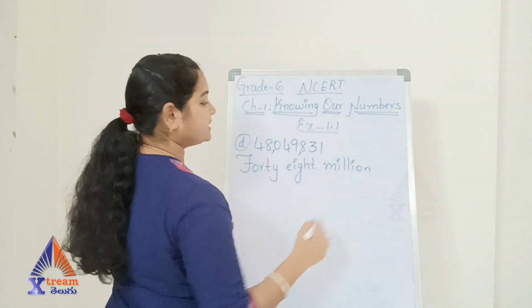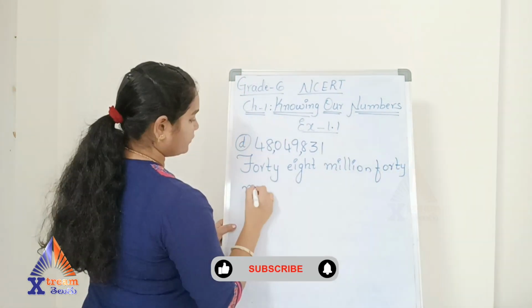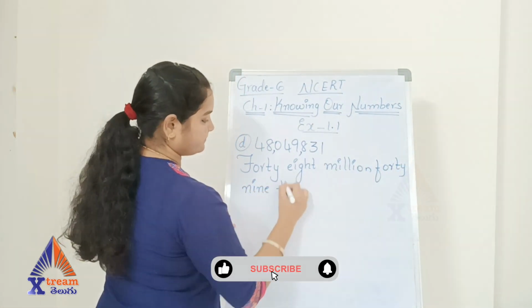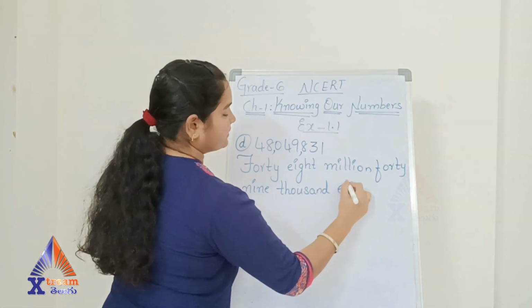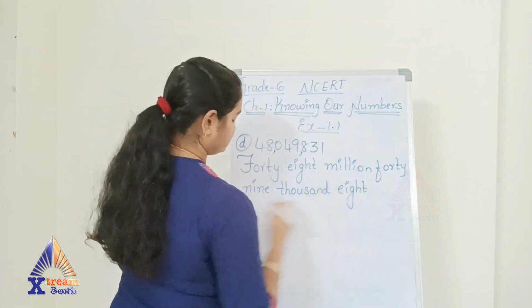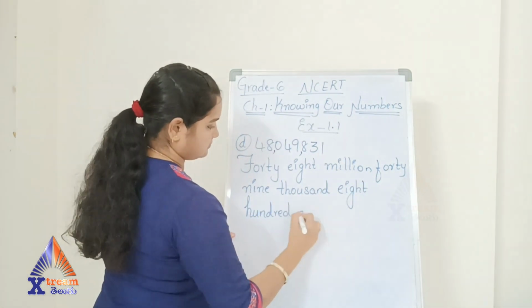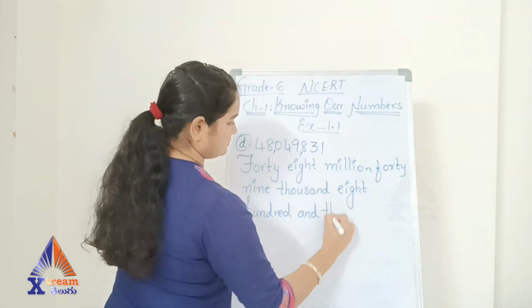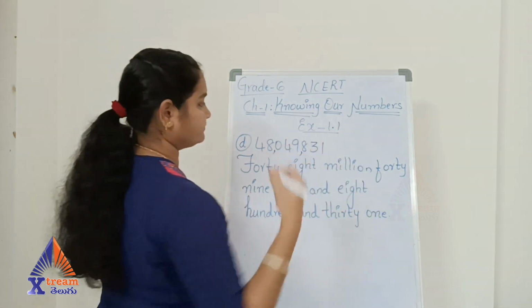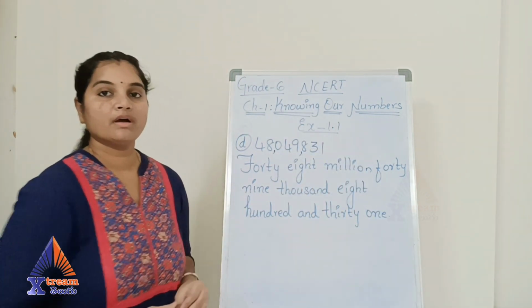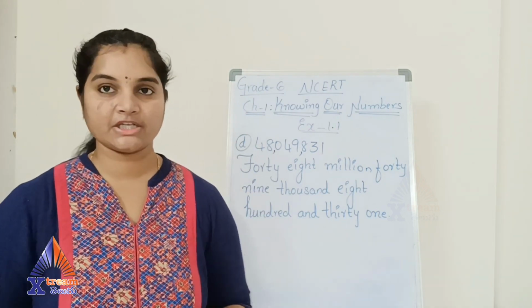So we go for 49, 49,831. So this is how we write number names in the international system.